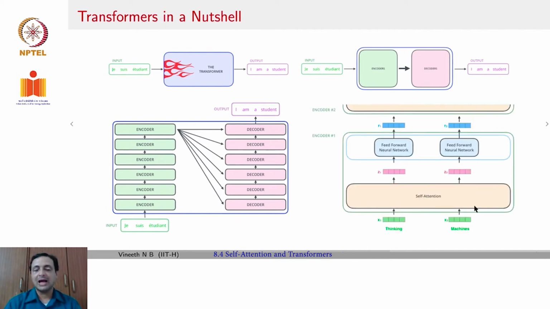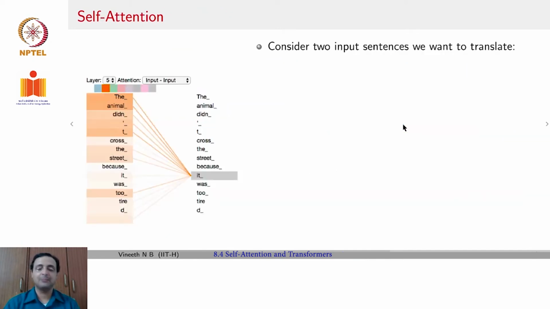Each encoder has several components inside it. There is a self-attention module which outputs a vector for every input word. So if you had a sequence of inputs, for each element of that sequence you get a certain representation as an output of the self-attention module. This representation is passed through a feed-forward neural network to give you another vector as output, which is passed on to the next encoder layer, and so on. Let's see each of these components in detail.